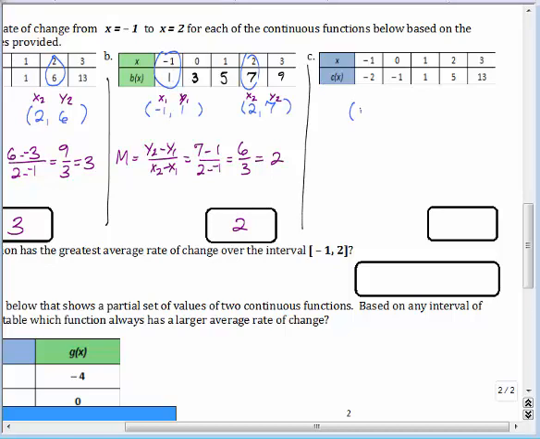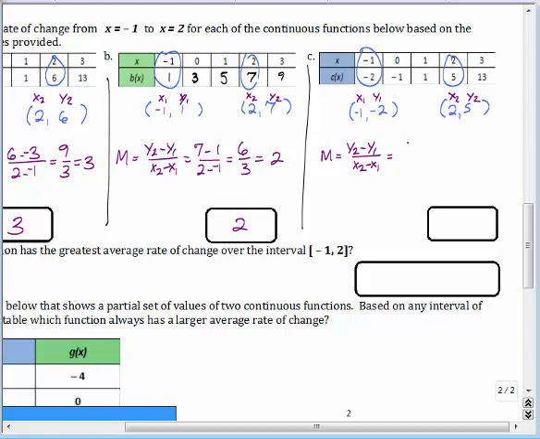We'll have -1 comma something, because we're going from -1 to 2, and 2 comma something, and up here we'll have -1 comma -2 and 2 comma 5. So again, that's x1, y1, that's x2, y2, and so m is equal to y2 minus y1 over x2 minus x1.